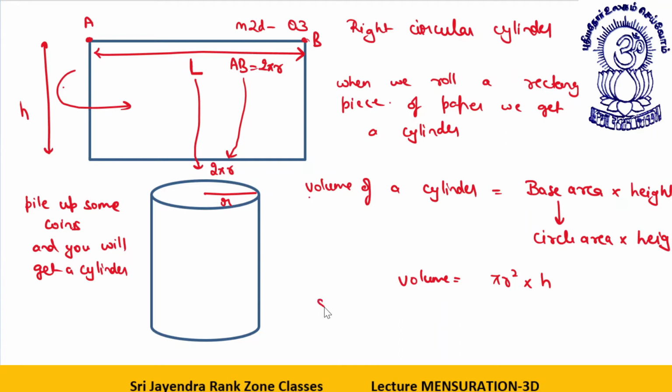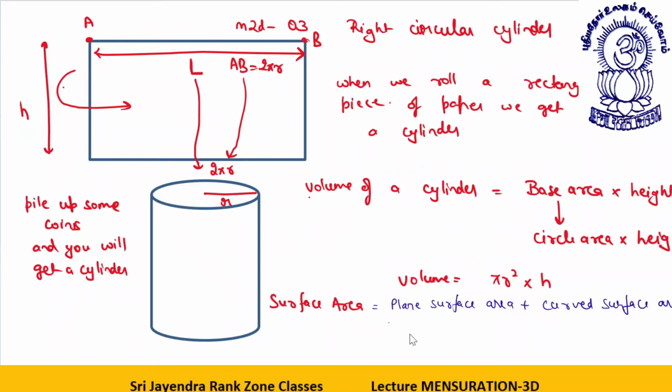Now, what is the surface area? This is the main thing, dear students. Surface area I can say in two parts. Total surface area will be plane surface area plus curved surface area.